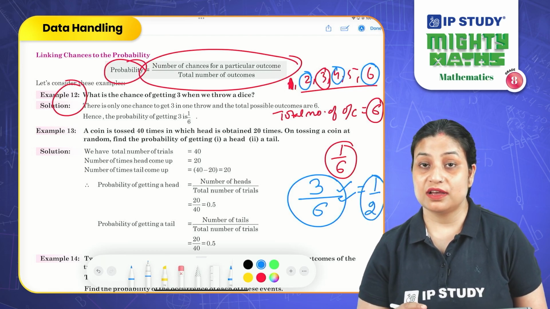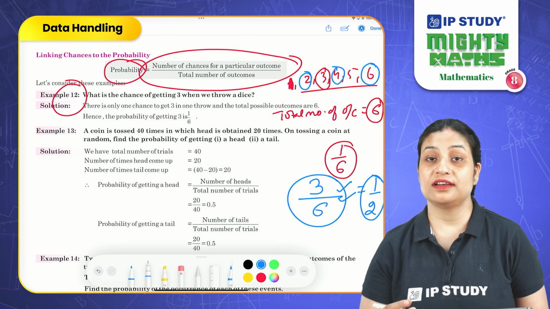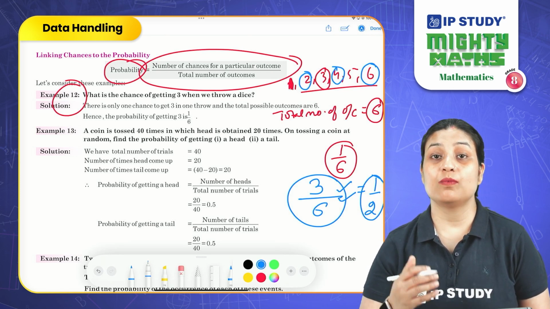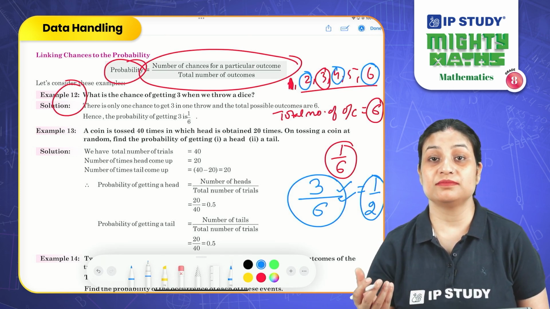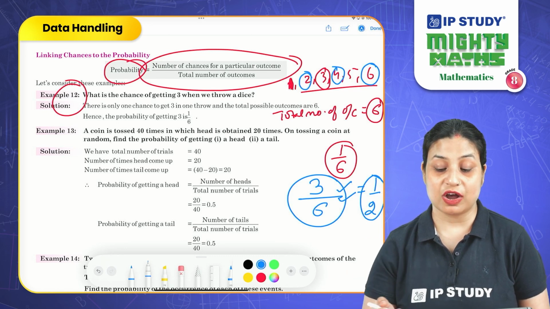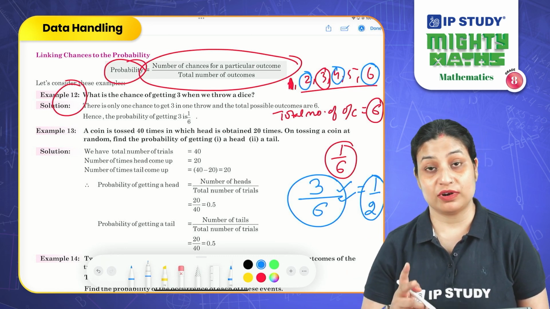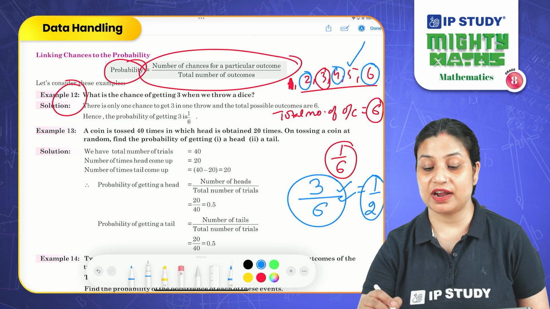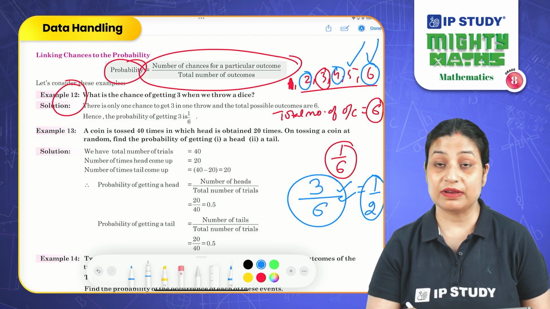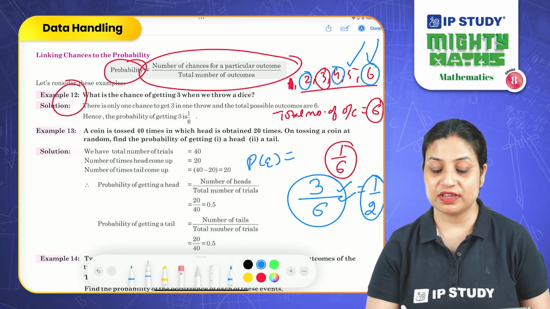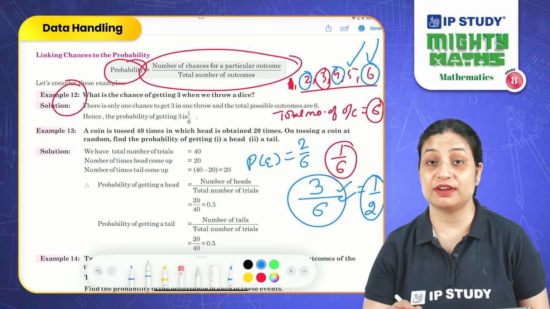Now suppose I have changed the scenario. I said a die is thrown randomly. What is the probability that the number that comes will be greater than 4? So how many numbers do we have greater than 4? We have 2 numbers only. One is 5 and another one is 6. So what will be the probability? The probability will be 2 by 6. This can be reduced further.